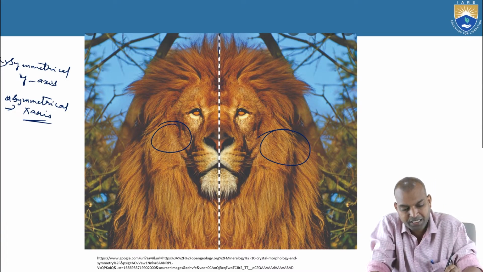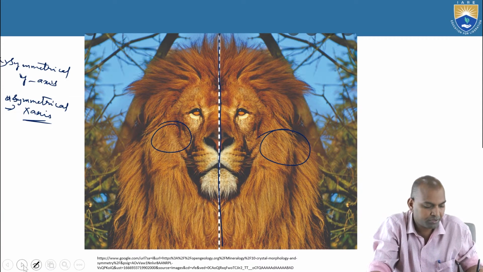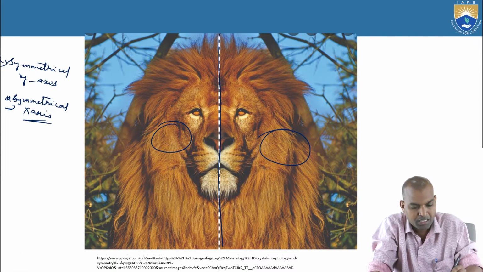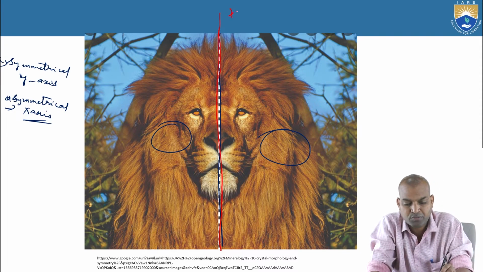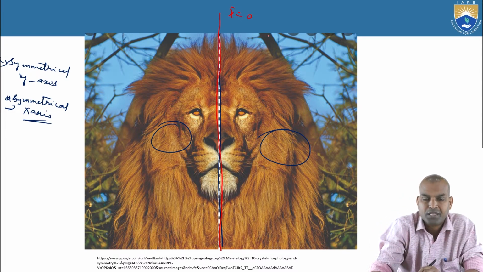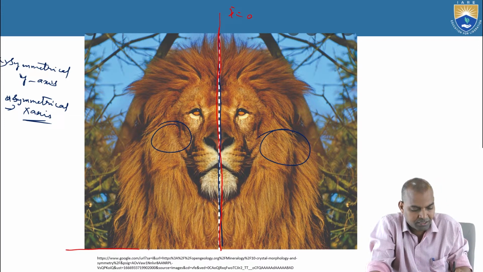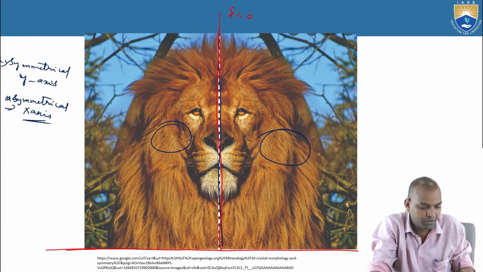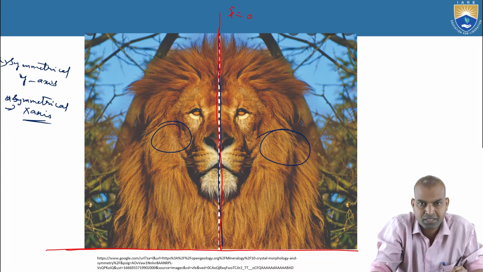That's why it is symmetrical about the y-axis. So this y-axis becomes the reference axis. That axis becomes a reference, the vertical reference axis. What about the bar x value? Bar x equal to 0. And it is the horizontal axis. What about the distance of the centroid?